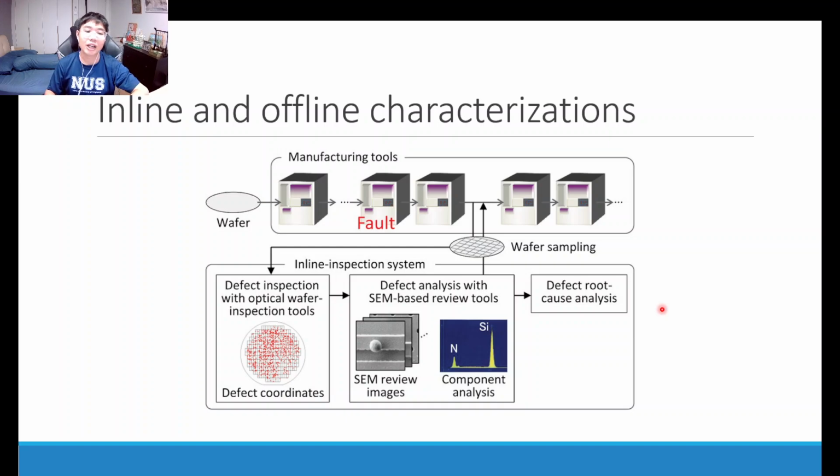I'd like to end off this video by talking a bit about inline and offline characterization. Inline inspection systems are inspections conducted along the manufacturing line, maybe in between your deposition and your CMP, or in between your etch and your deposition, where there can be an inspection of your wafer.